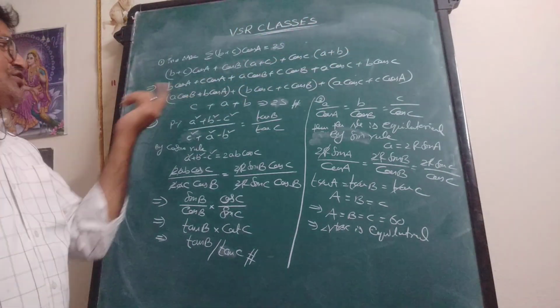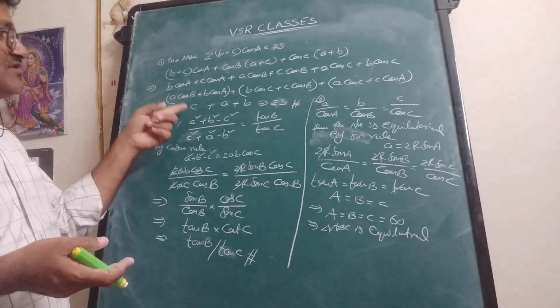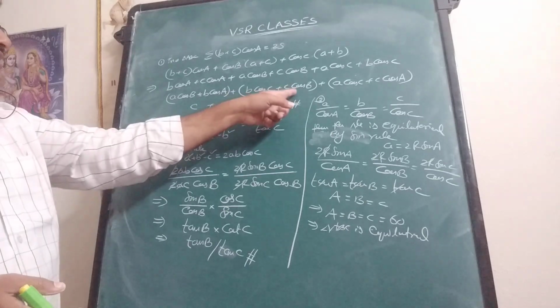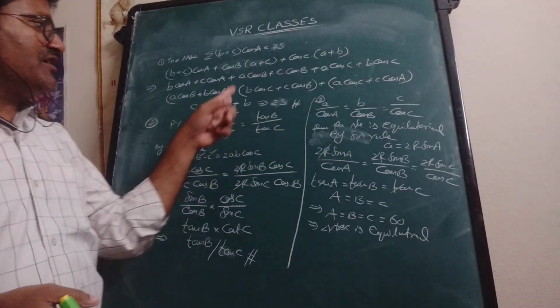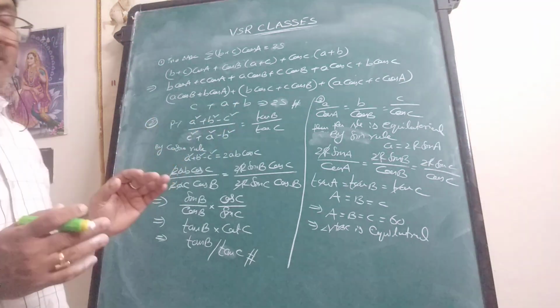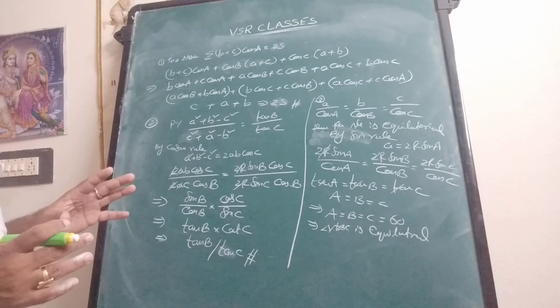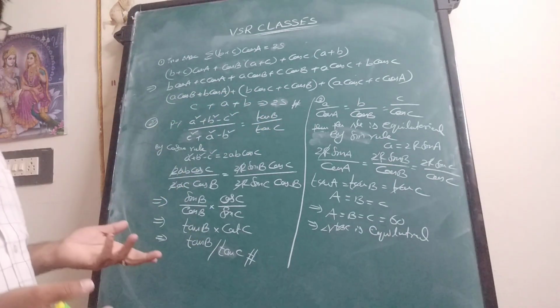Now by this projection rule, something is missed here. That something is c, so you will get c. Here a is missed, so you will get a. Here b is missed. So a plus b plus c is the perimeter. The sum of the sides is nothing but the perimeter. So 2s is called the perimeter of the triangle.